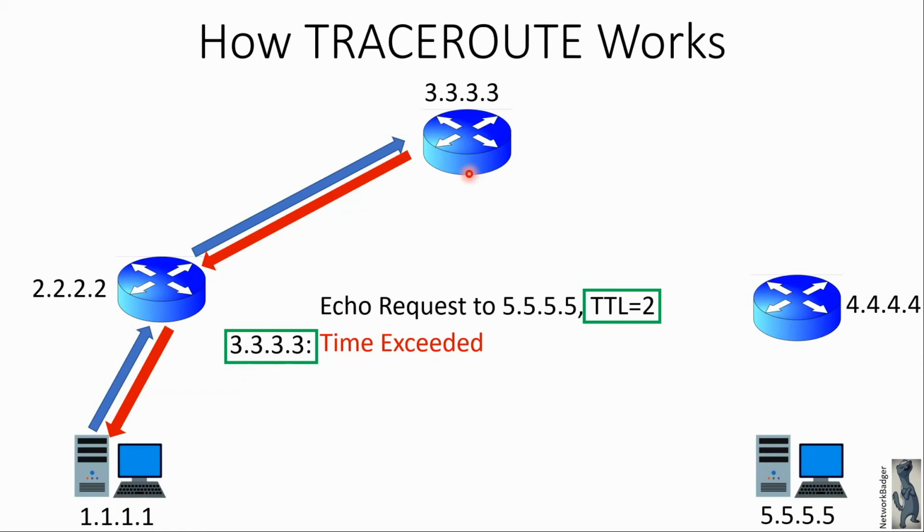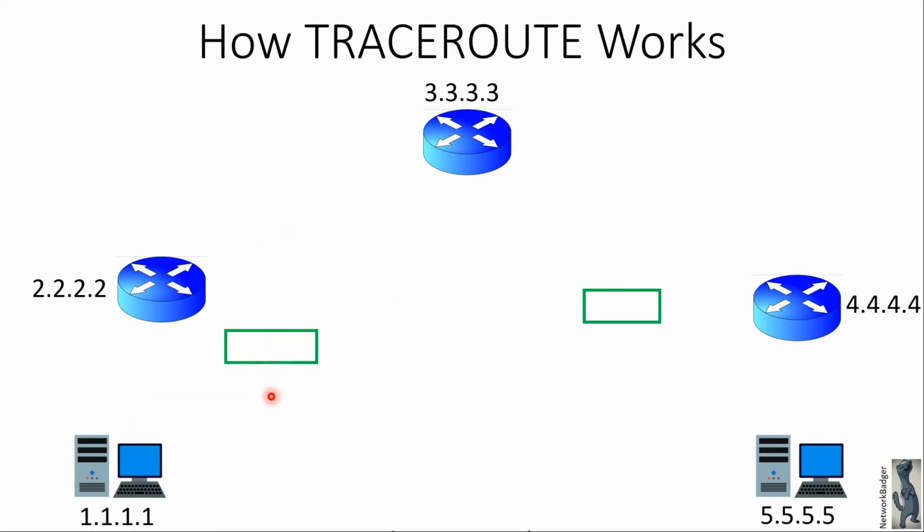So this router doesn't know that we're doing a trace route. This router doesn't care whether we're doing a ping or a trace route or it's a regular IP packet. All this router knows is that it received an IP packet with time to live expired. So it responds, we capture his IP address, repeat.